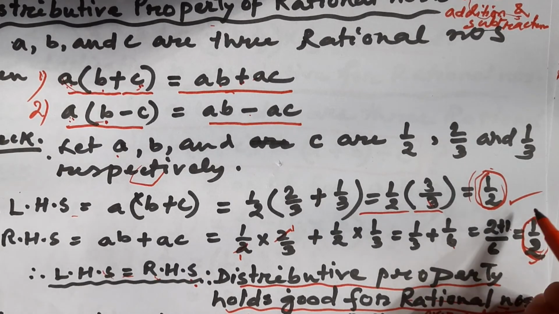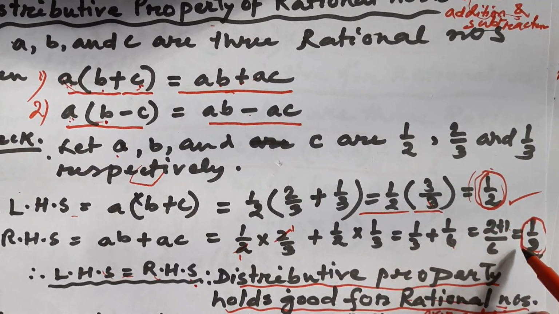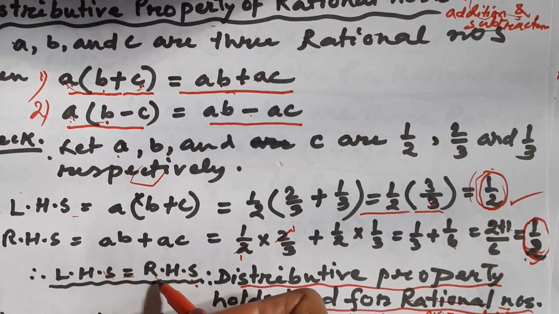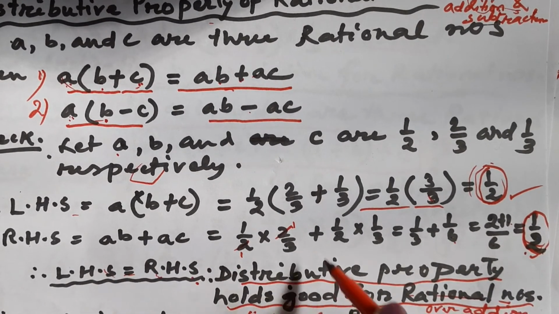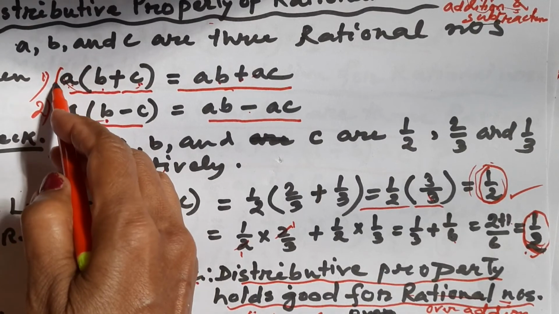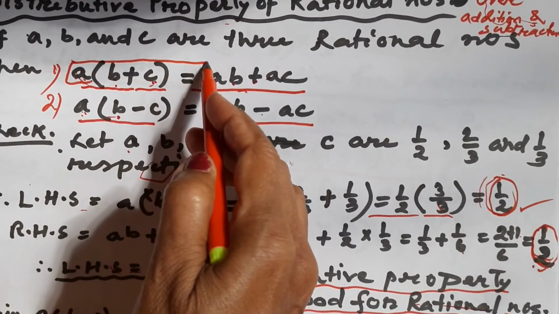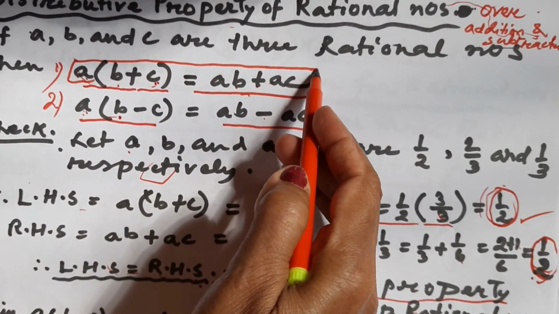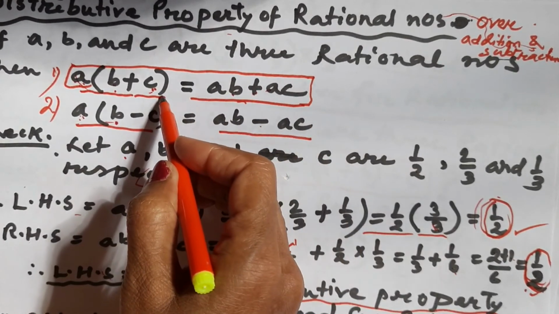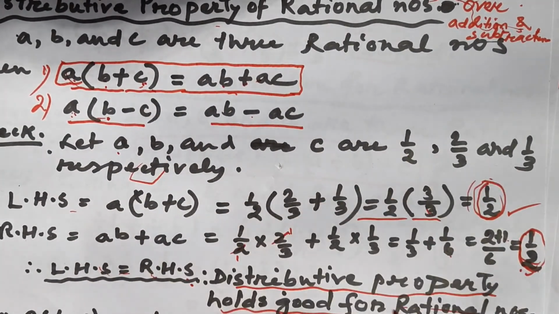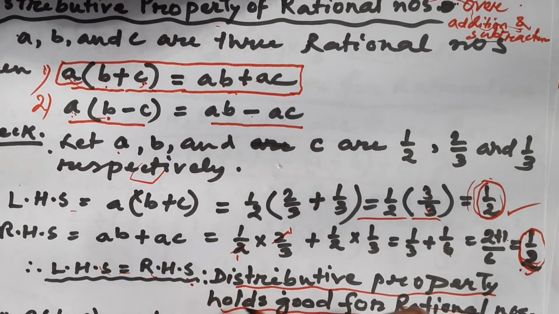Therefore, we have found that both the LHS and RHS are having the same value, that is half. Therefore, LHS equal to RHS, that is A into B plus C will be equal to AB plus AC. It is verified.